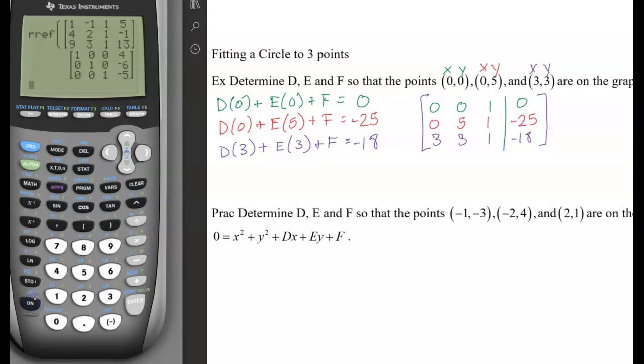And I put this all in my calculator. I get my reduced row echelon form by hitting second inverse, going up to B, alpha zoom, 3 by 4, 0, 0, 1, 0, 0, 5, 1, negative 25, 3, 3, 1, negative 18.